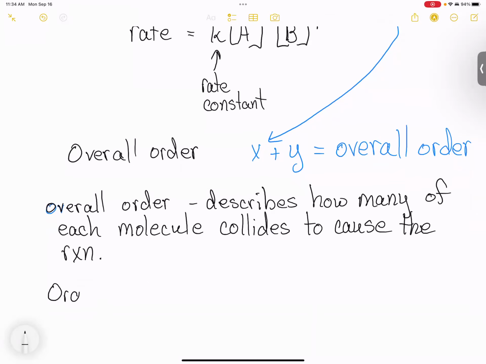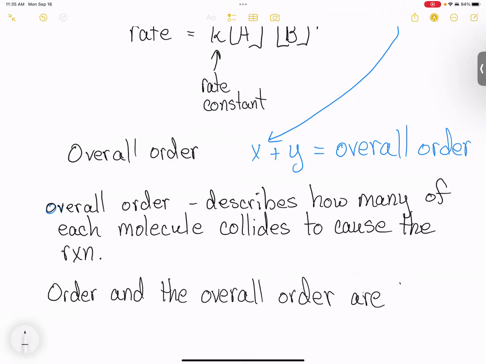The order and the overall order are not based on stoichiometry.